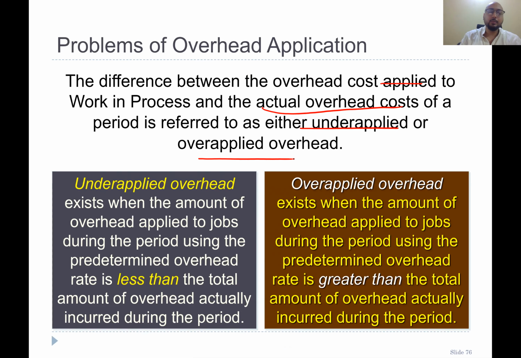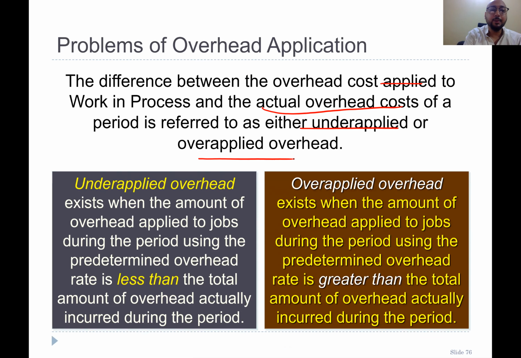Maybe the cost rises, strikes happen, transportation costs increased, or maybe you change the depreciation method and depreciation increased. In that case, your estimated overhead or applied overhead may not be equal to actual overhead, and you see under and over applied amounts.